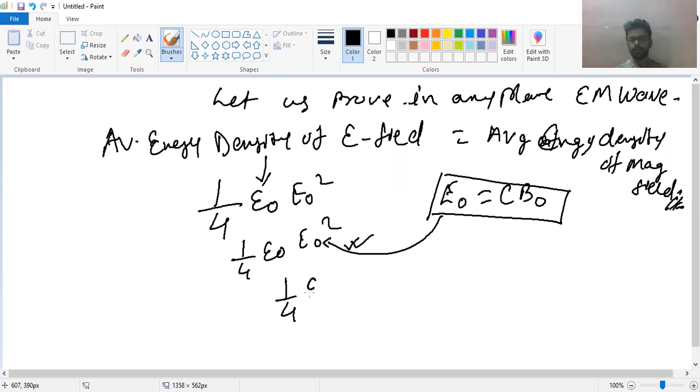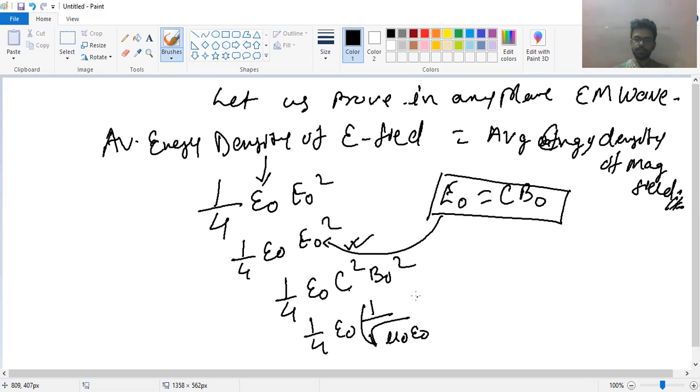1 by 4 epsilon naught into E naught square, so here C square B naught square will come. And what is the expression for C square? I have told you C is 1 by root over mu naught into epsilon naught. In the previous slide you can go back and see 1 by root over mu naught into epsilon naught whole square into B naught square.